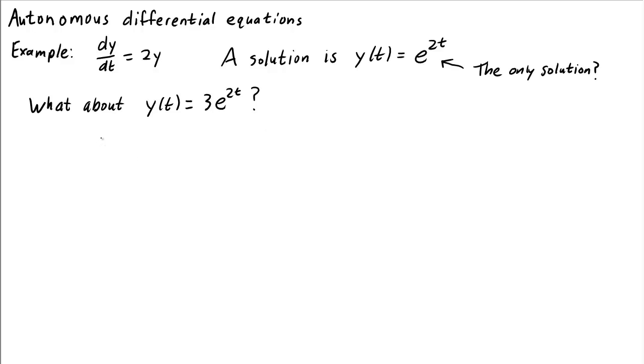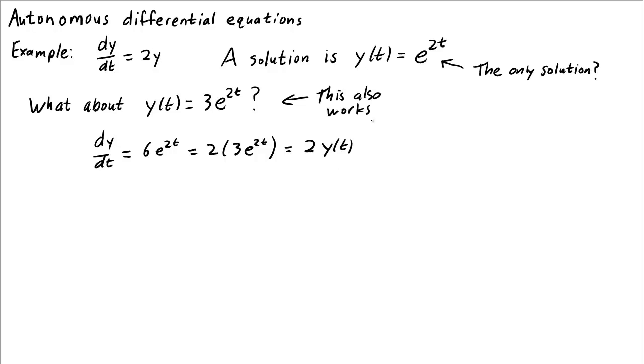For that value of y, dy dt is equal to 6 e to the 2t by the chain rule. Well, this is 2 times 3 e to the 2t, which is 2 times our new y. So the function y of t equals 3 e to the 2t also works. It also satisfies the differential equation, dy dt equals 2y.